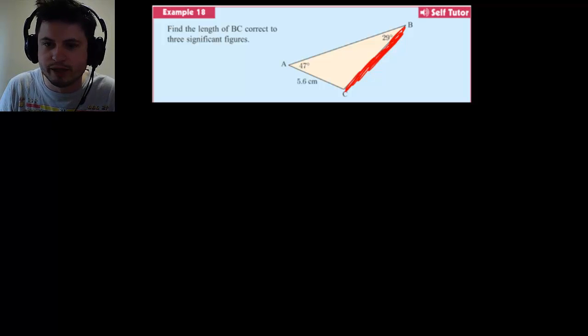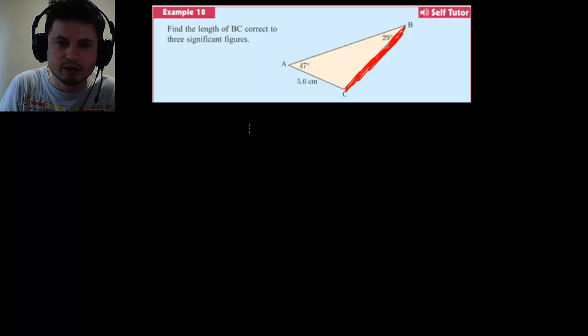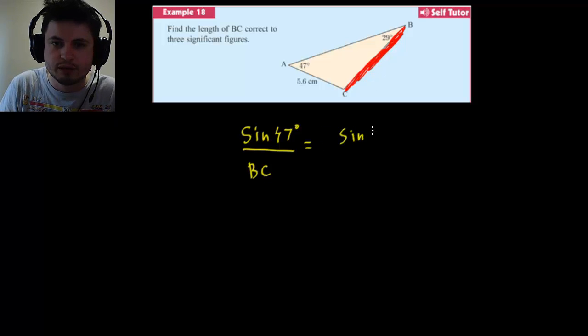So according to the sine rule, the sine of the angle opposite the side, so the sine of 47 degrees, divided by BC, should equal the sine of 29 degrees divided by 5.6. This is the sine rule.